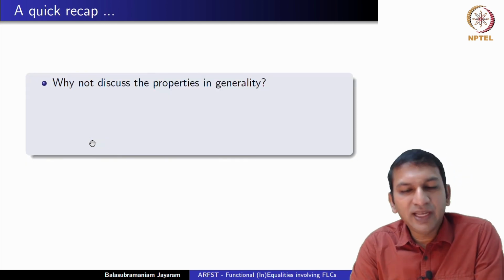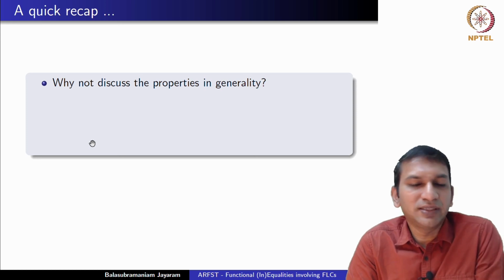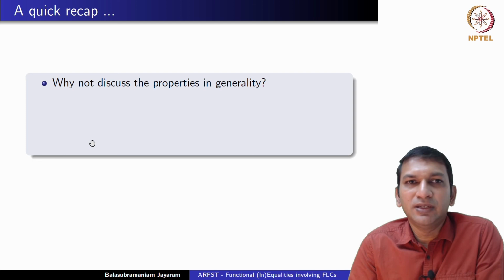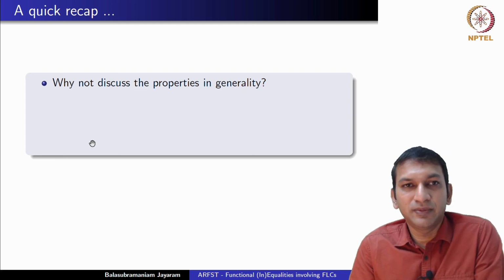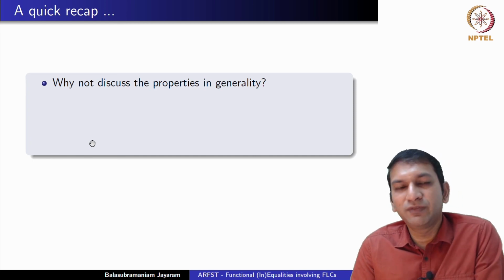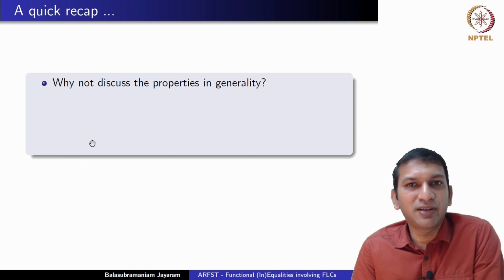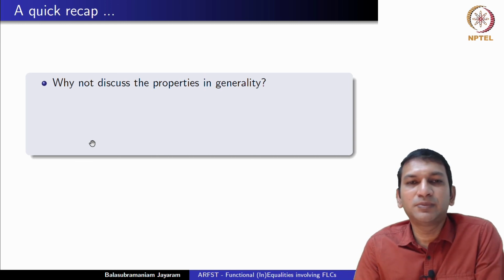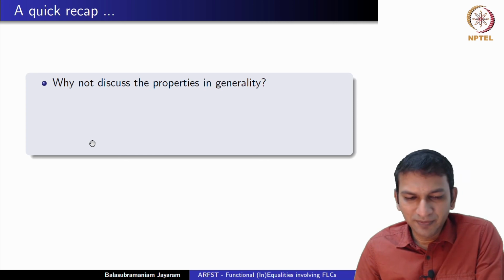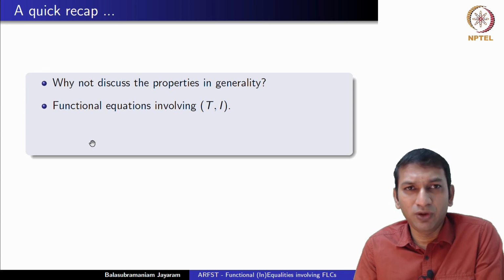Now, a quick recap of what we have seen in this lecture. We asked ourselves the question, why not discuss the properties that led to the FRIs and SBRs, essentially the FIs, to possess the desirable properties of an inference system, that of monotonicity, interpolativity, robustness, continuity. Why not discuss those properties in generality, not only looking at it as coming from the distributive lattice structure? And it meant that we need to discuss functional equations involving T-norm and the implication.